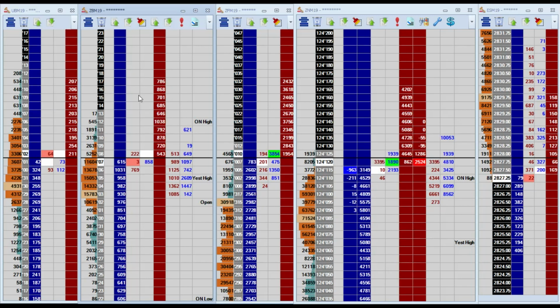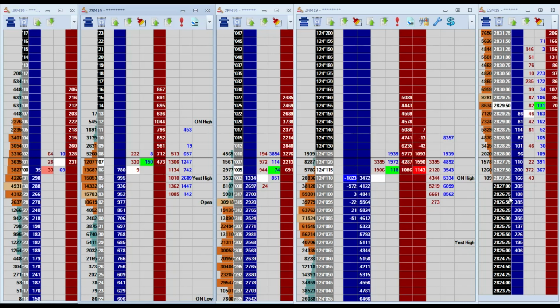We got the ZB, which is the T-Bond, 30-year. Right here in the middle, we have the 5-year T-Note. And then right here, this is the ZN, the 10-year T-Note. And then all the way over here on the right is the ES, which is the E-mini S&P.